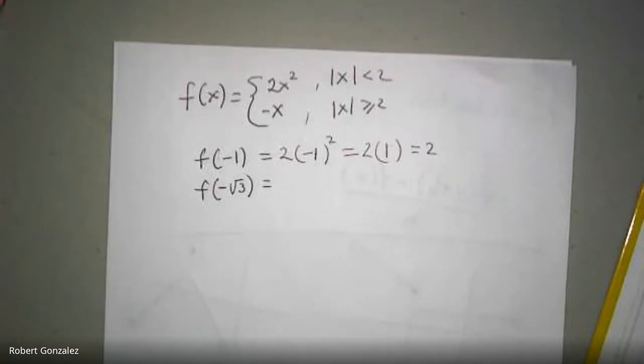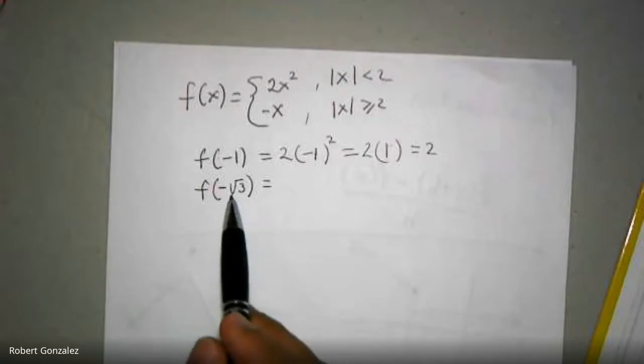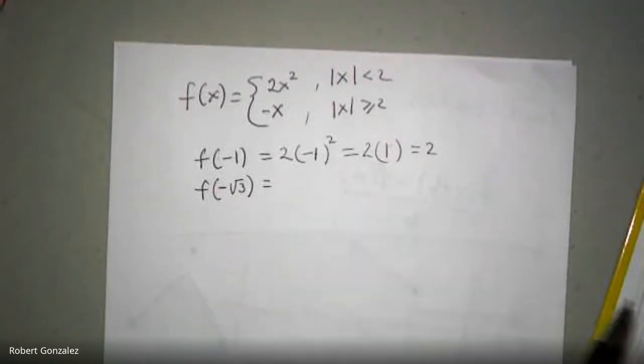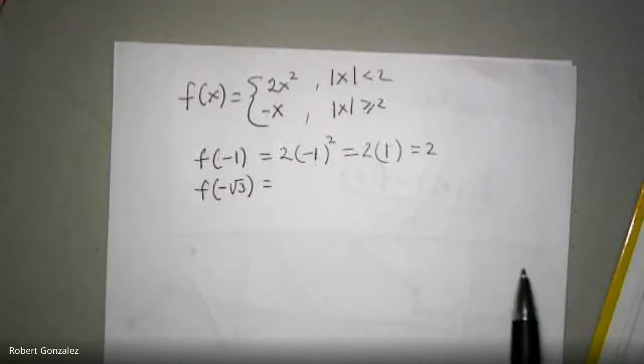Okay. Caitlin, where is this number going to fall? The top or the bottom category here? Negative radical 3 is going to go into the top category. How did you decide that?